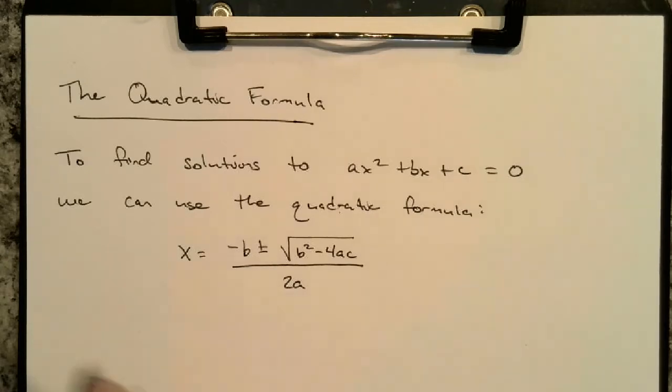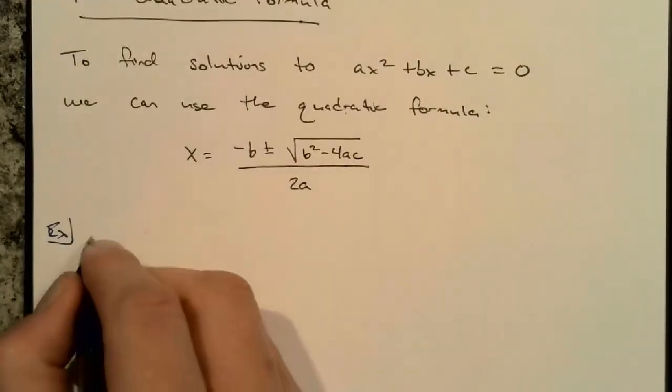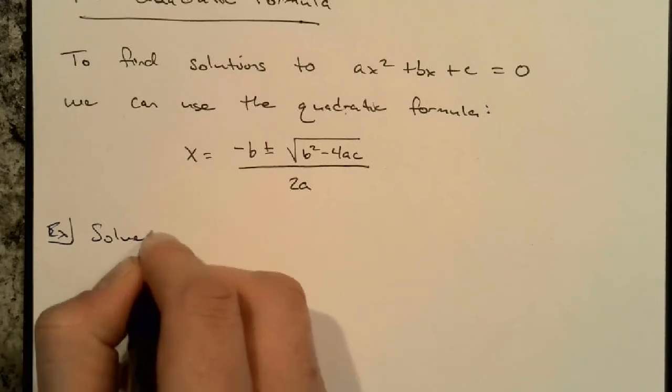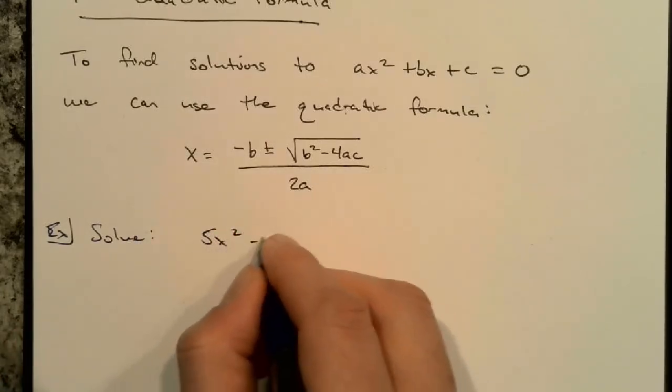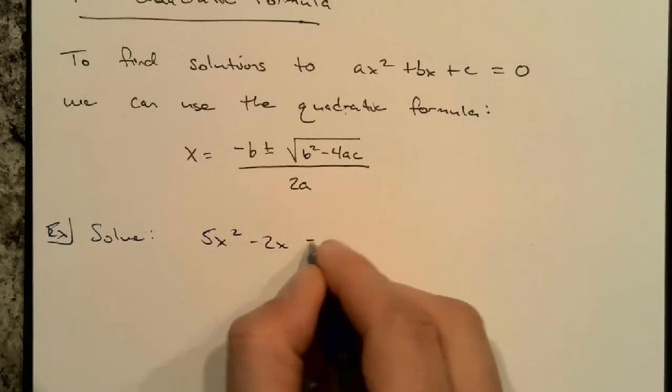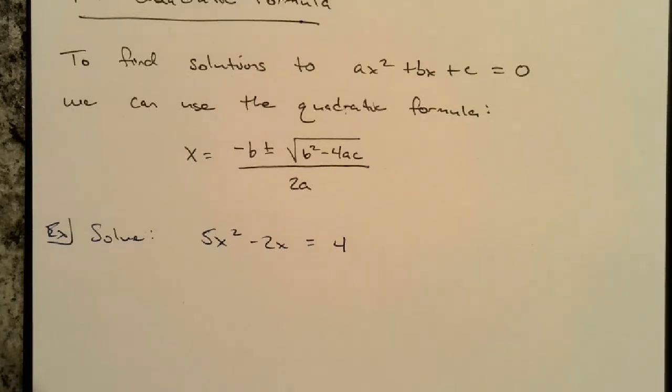Just to make sure we understand how to use the formula, if I said to solve 5x squared minus 2x equals 4. First off, I know I have a quadratic equation because the highest power I see on my variable is 2.